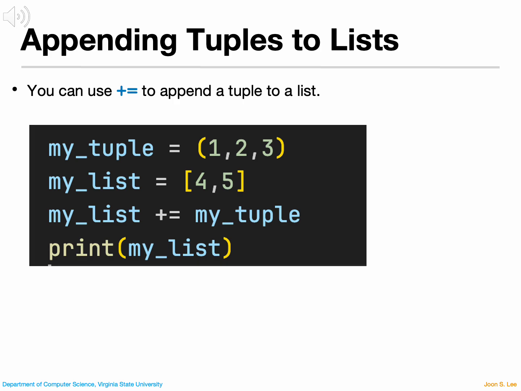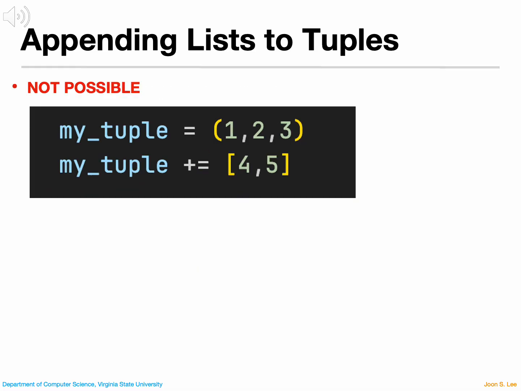As a result, the list now becomes 4, 5, 1, 2, 3. It's important to notice that this works because the list is changeable, not the tuple. The tuple stays exactly the same, but the list expands to include the tuple's elements. So even though tuples can't be modified, they can still interact with other data structures, like lists, in a flexible way.